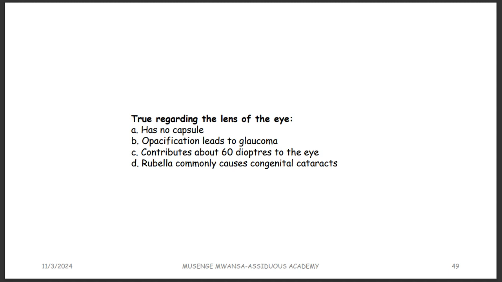Okay. C, contributes about two-thirds of the refractive power of the eye. Any other option? Okay.